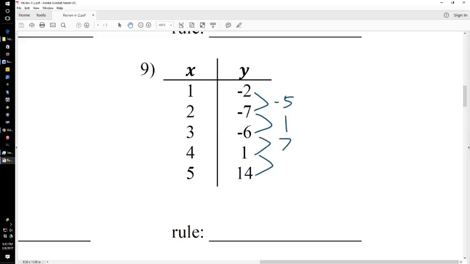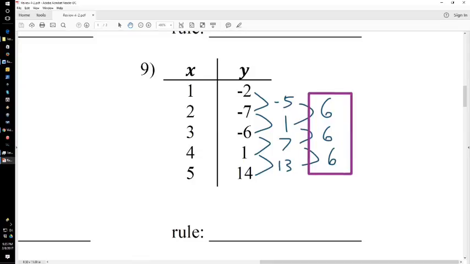And 14 minus 1 is 13. Now the second differences: 1 minus negative 5 is positive 6. 7 minus 1 is 6. And 13 minus 7 is still 6. So, therefore, these are the same.